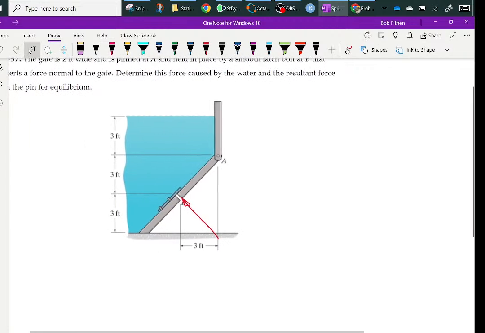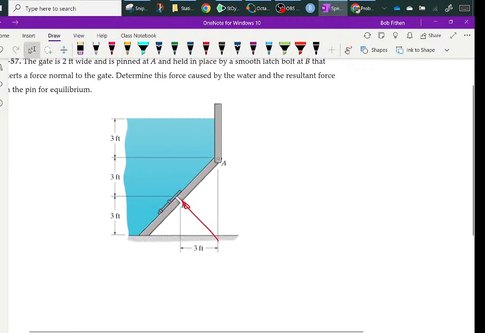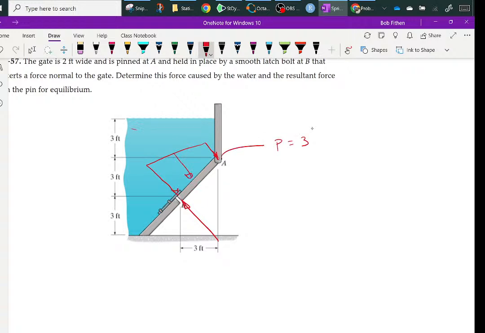So since he said this thing is 2 foot wide, I'm going to solve it two ways. One way is with this increasing pressure that we got on here: at the top, pressure is equal to 3 foot down. I'm assuming it's water, so 62.4. And at the bottom, it's not just 3, but it's also 6 foot down.